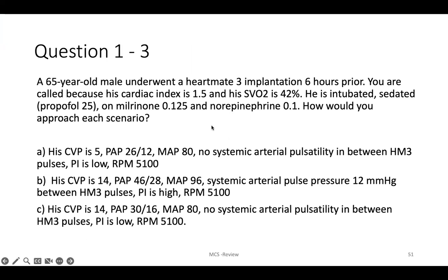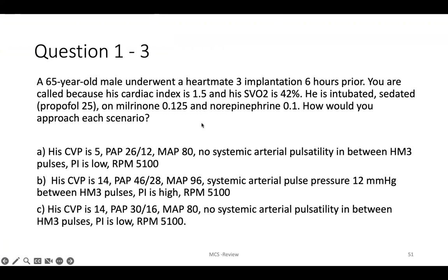Yeah. Okay. So it's a 65-year-old man who underwent HeartMate-3 implantation 6 hours prior. You are called because his cardiac index is 1.5, which is low, of course. His SvO2 is 42, which is low. He's intubated, sedated, on milrinone and norepinephrine, pretty high dose.